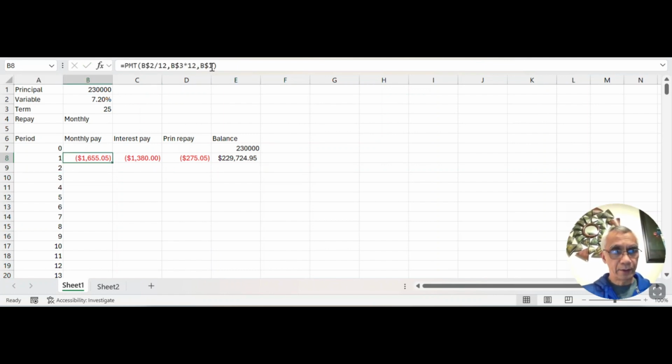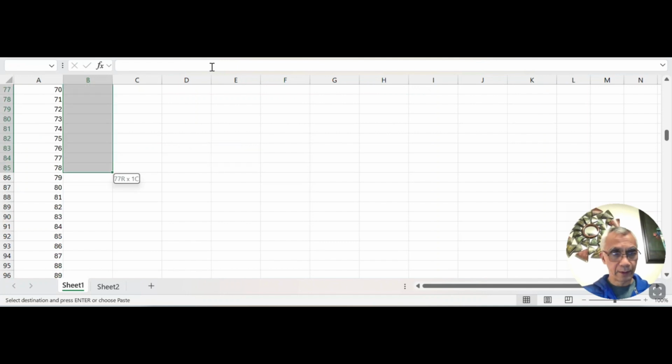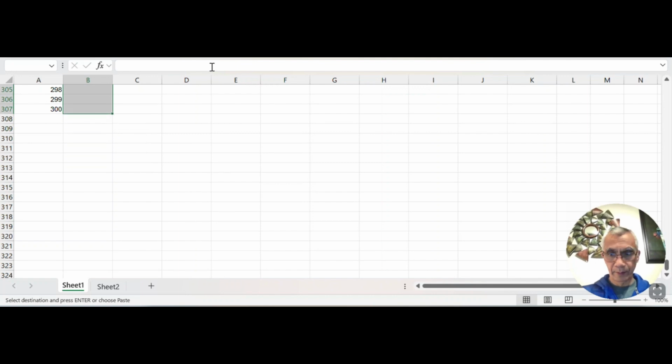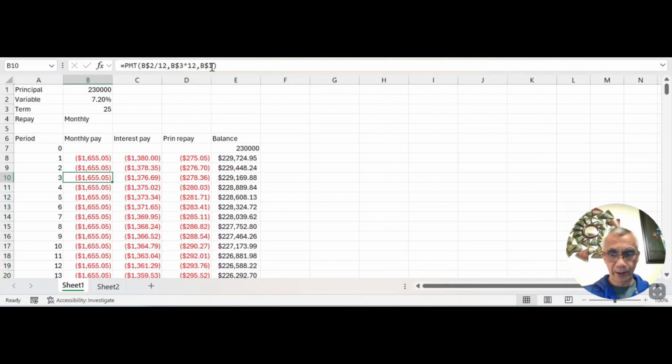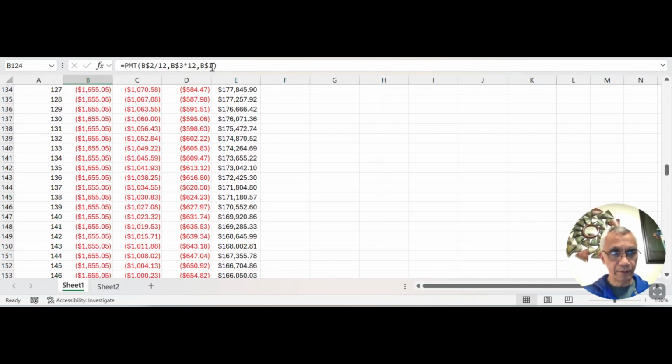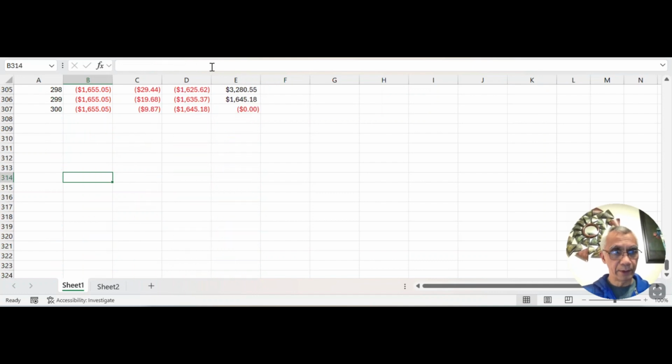And now we will have to copy all this all the way down to 300 months. There you go. And then we will check if we repay it in 300 months. There, 0. All right.